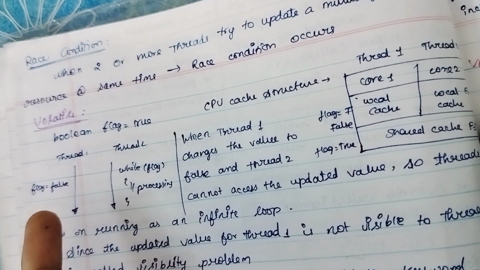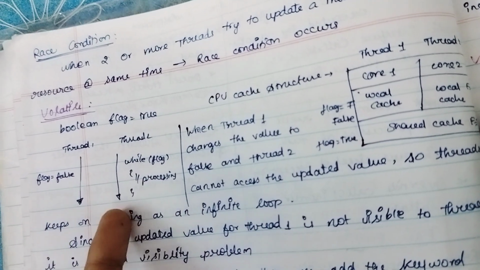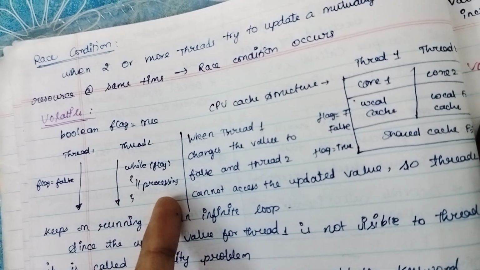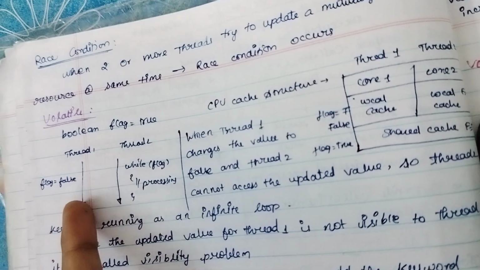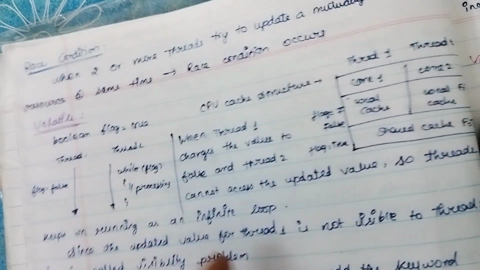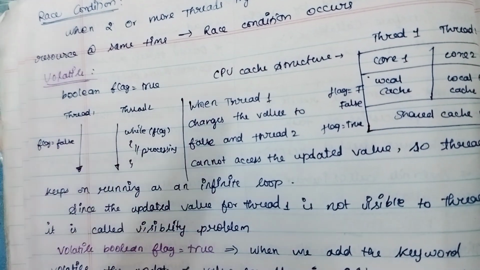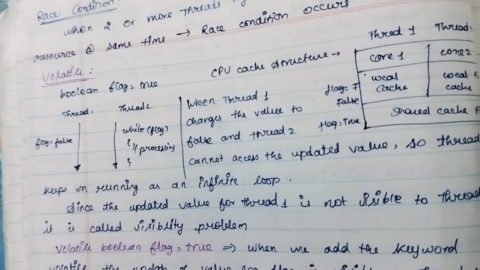But in this case, as these two values are not shared, a visibility problem occurs. T1 has updated but it is not visible to T2. T2 has updated but it's not visible to T1. This is what is generally known as the visibility problem. It can be solved with the help of the volatile keyword, through which each and every thread can intercommunicate.